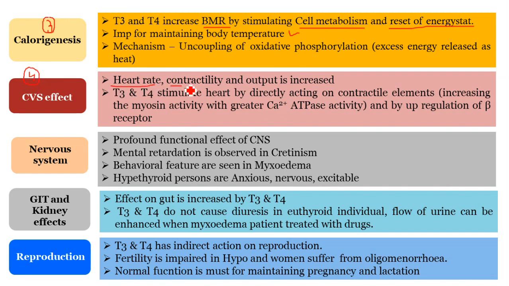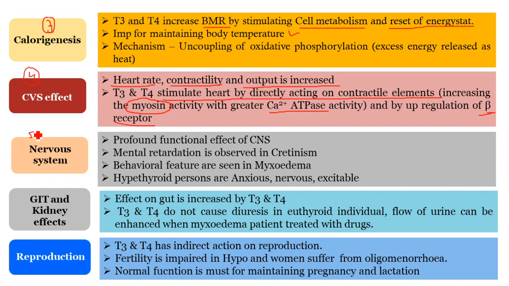Here the heart rate, contractility and output are increased with the help of T3 and T4, which also stimulate the heart by directly acting on the contractile element. The contractile element is linked with increased myosin activity, which is a calcium ATPase dependent activity, by regulating the beta receptor. So this is the overall mechanism by which it stimulates the heart.